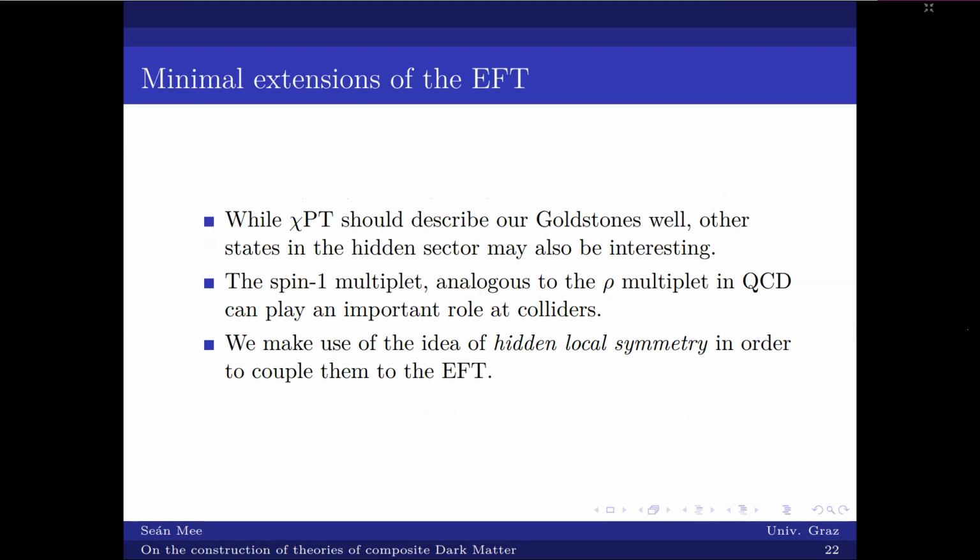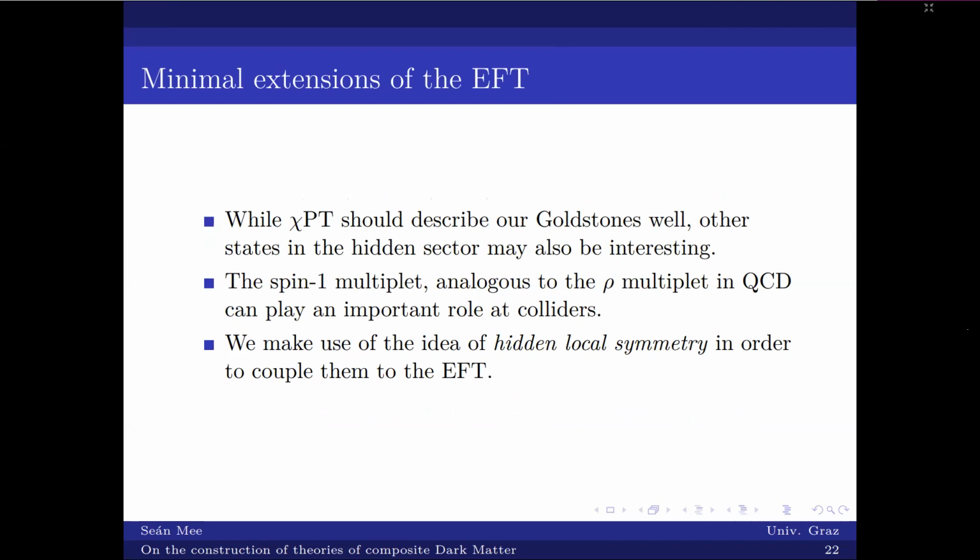Okay, so that theory is one which describes just interactions amongst our Goldstones. But what we want to do is look at all the interesting composite states in our hidden sector, right? So one possibility then is the spin 1 multiplet, completely analogous to the rho multiplet in QCD, because this can play an important role at colliders and elsewhere.